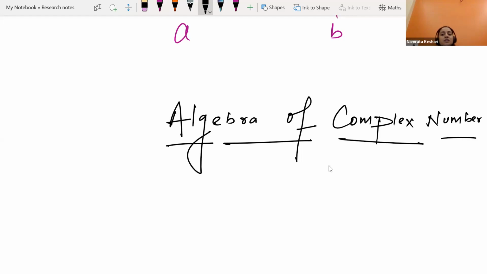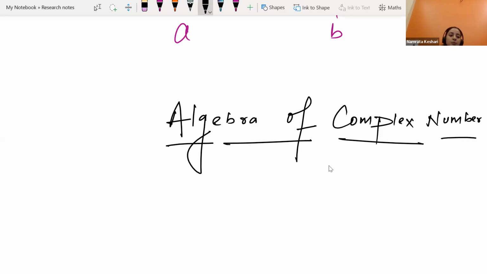In the same way, for complex numbers, in a plus ib format, where the real part and imaginary part combined make a complex number, we will discuss whether they follow these properties or not. One by one we will discuss.